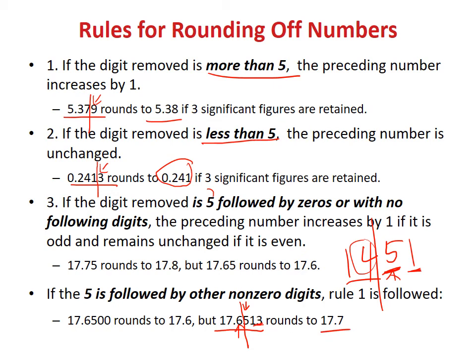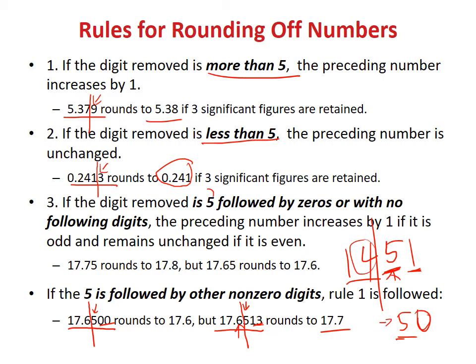But what if there's no number after 5, or it's 0? If there's no number, or if it's 0 after 5, then you have to look at the number before it. For example, here, this is the number you want to round to, again 3 significant figures, so it's right here, and you want to remove 5, and there are 2 zeros after 5.